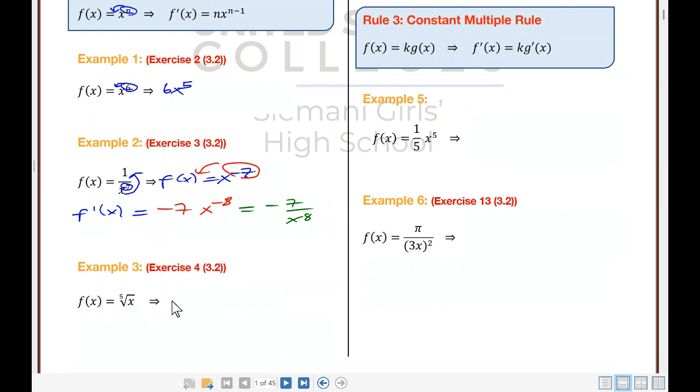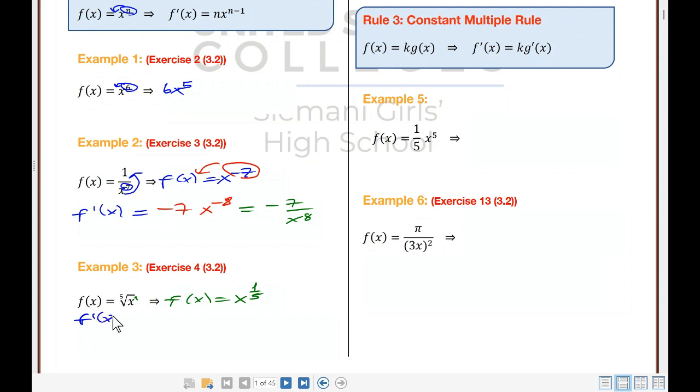So this function is equivalent to x to the power of 1 over 5, because remember, the power inside will be written as the numerator, and the index should be written as the denominator. So you should write this radical as a fractional exponent. So this is how you transform your function into fractional exponent. Now we can take the derivative.